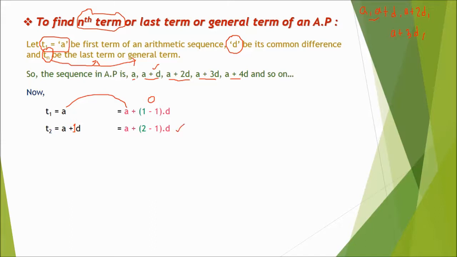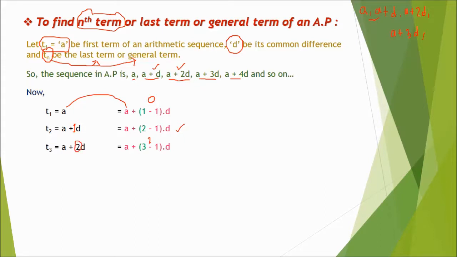Now you can see the colors. Let's call it pink. The pink ones are constant, and the green ones are changing, isn't it? It's 1 in the first term, 2 in the second term, but all the other pink ones are constant. Now our t3 is a plus 2d, and that can be written as a plus 3 minus 1 times d. 3 minus 1 is 2, and we have our 2 right here.